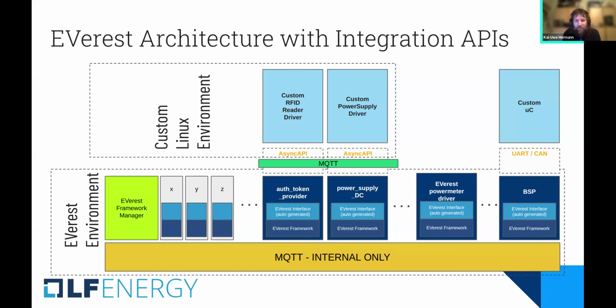For example, if you want to implement a custom power supply that isn't upstream in Everest and you don't plan on upstreaming it, you could take the power supply DC API and program a driver against this async API description and run it.